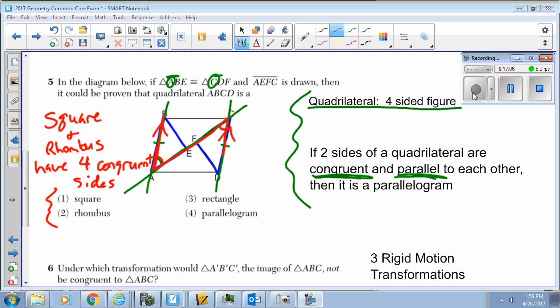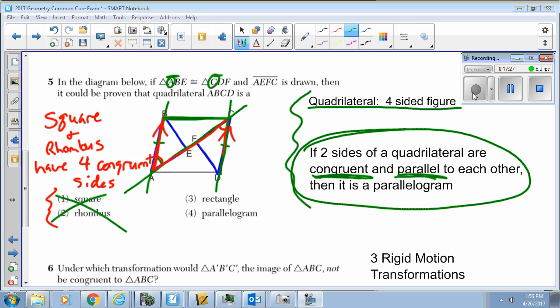Okay, there is no way you can tell from this. You cannot tell that BC is congruent to CD. There's no way, based on the information, that we can know that. So there's no way we can say that it's a square or rhombus. All right? And we already determined, look at this piece of information, if two sides of a quadrilateral are congruent and parallel to each other, then it is a parallelogram.